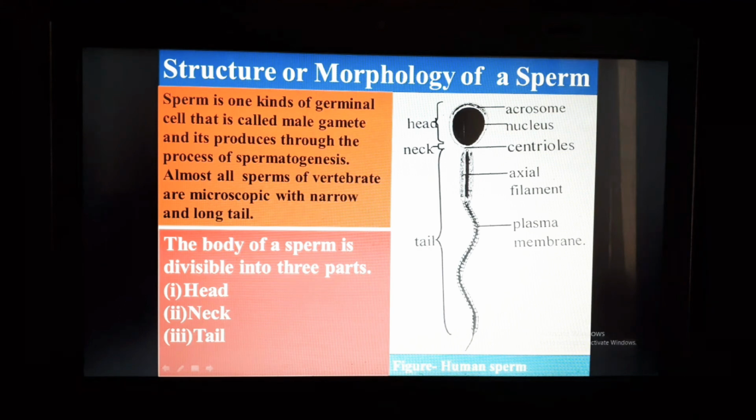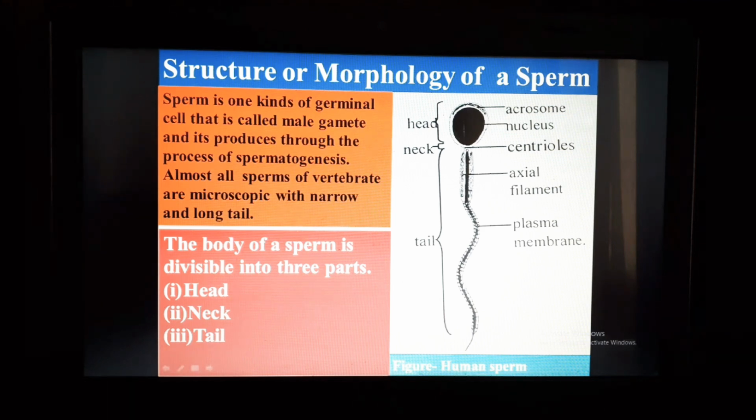The neck is followed by a long narrow part called the tail of the sperm. The distal centriole gives rise to the axial filament of the sperm, which runs up to the end of the tail.